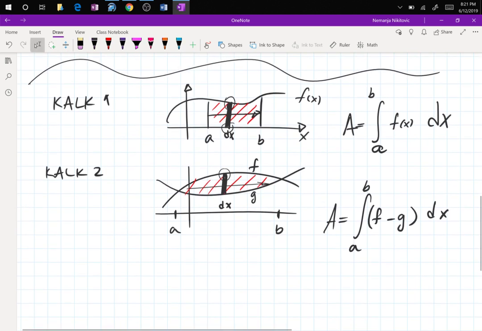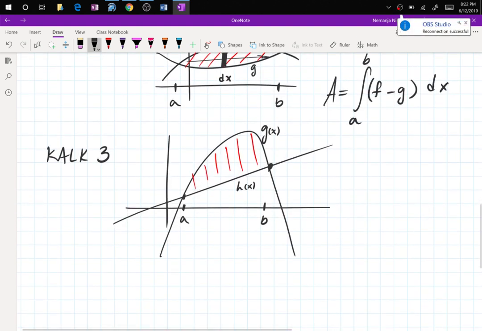Now in Calculus 3, when I draw my representative rectangle, note that I'm putting up the vertical representative rectangle, which is dx. Whichever rectangle you draw, that's your game with the representative rectangle.